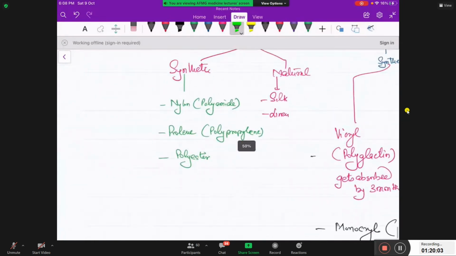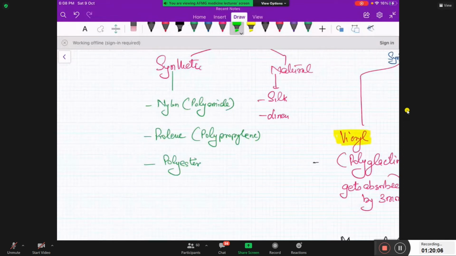In non-absorbable sutures, except for nylon and Prolene, rest all are polyfilament braided.